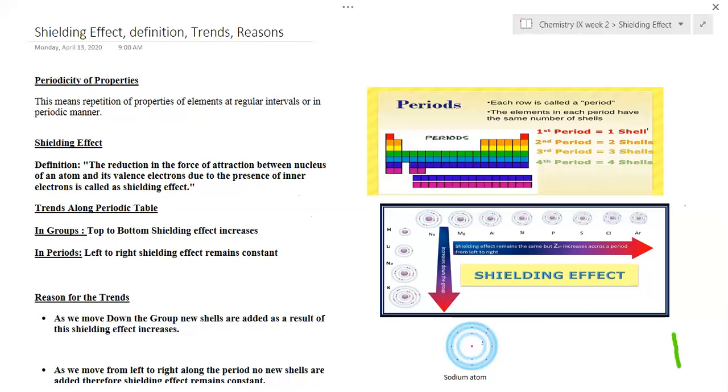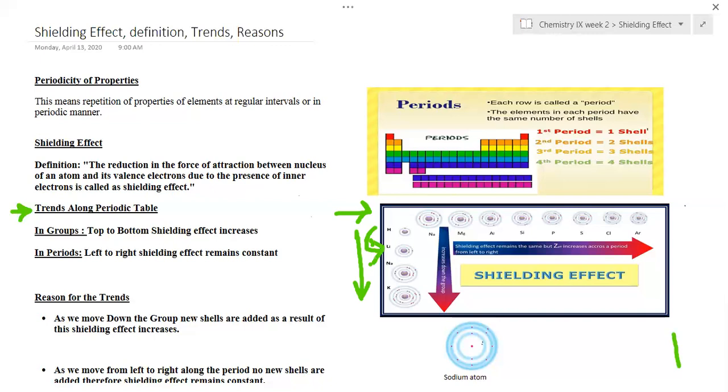Trends. By trends, we mean how a particular property changes along the period and along the group, and which pattern it follows. In groups, shielding effect increases from top to bottom. Here is an illustration that clearly shows what's happening along the period and along the group. Along the group first, with every next element a shell is added.